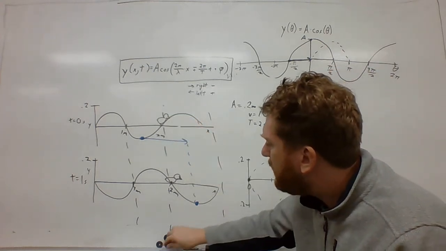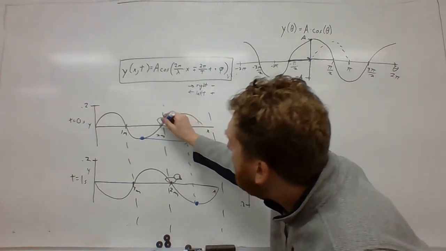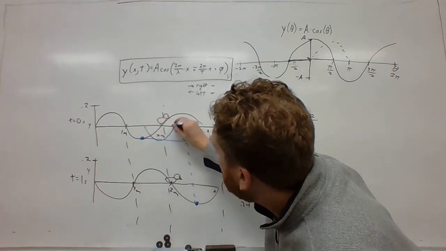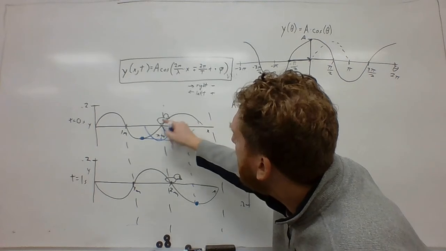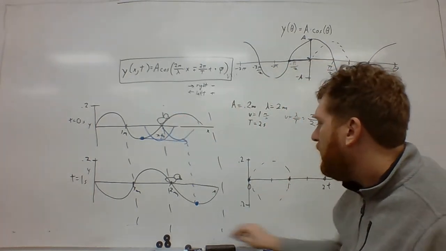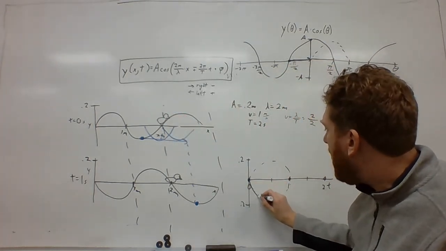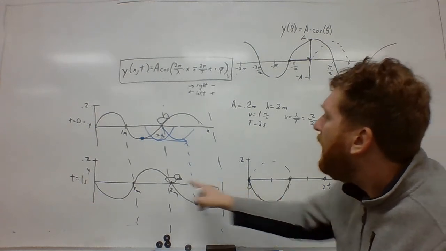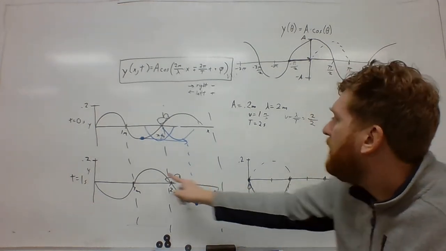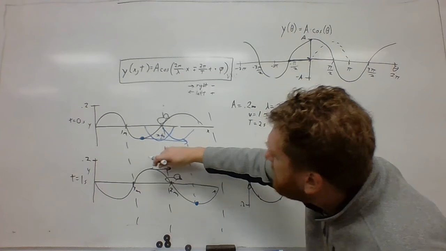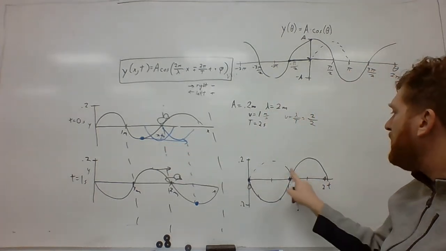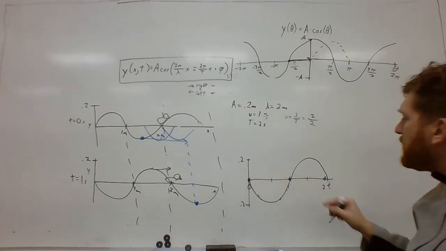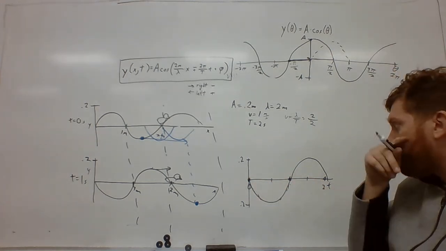And so the duck is going to go down into this trough as the trough goes underneath it. And then when the trough passes it, it's going to go back up to this position. And so the motion of the duck is going to be down and then up. And then when it's here at 1 second, this crest is going to pass underneath it, and it's going to go up over the crest and back down to equilibrium. And so this is what my graph looks like.